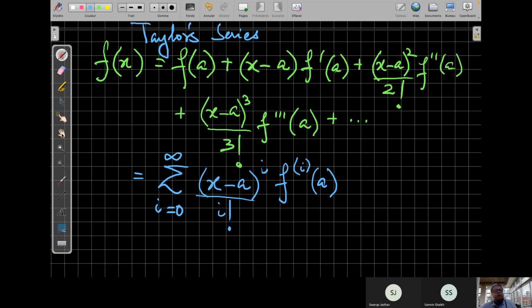Anyway, how do I write this in a simpler fashion? Let us see if I can. Let us suppose I do some experiment here. Instead of writing f x here, I write f of x plus h, and instead of writing a here, I write x.